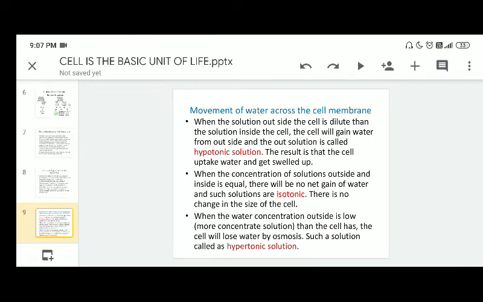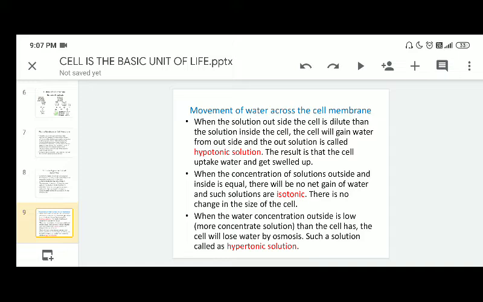Now, movement of water across the cell membrane. When the solution outside the cell is more dilute than the solution inside the cell, the cell will gain water from outside, and the outside solution is called a hypotonic solution.